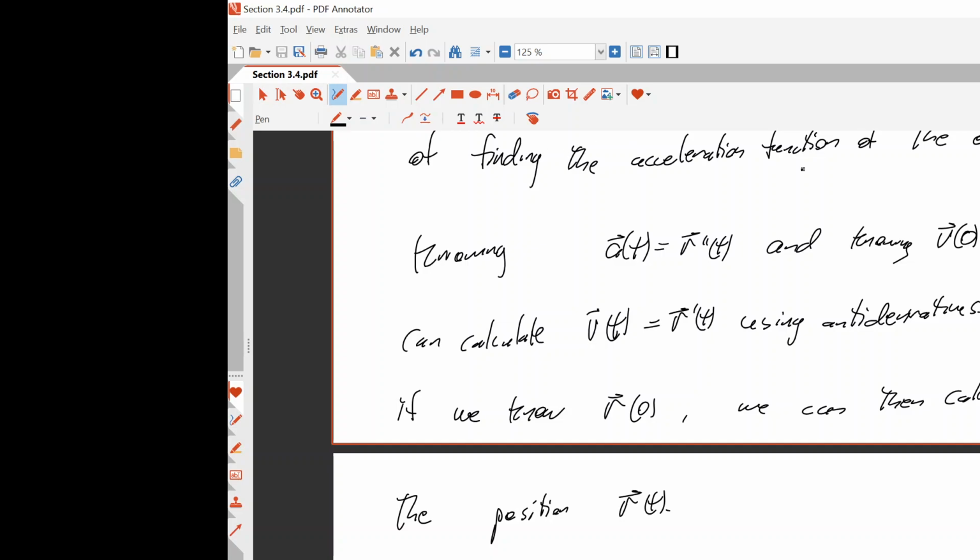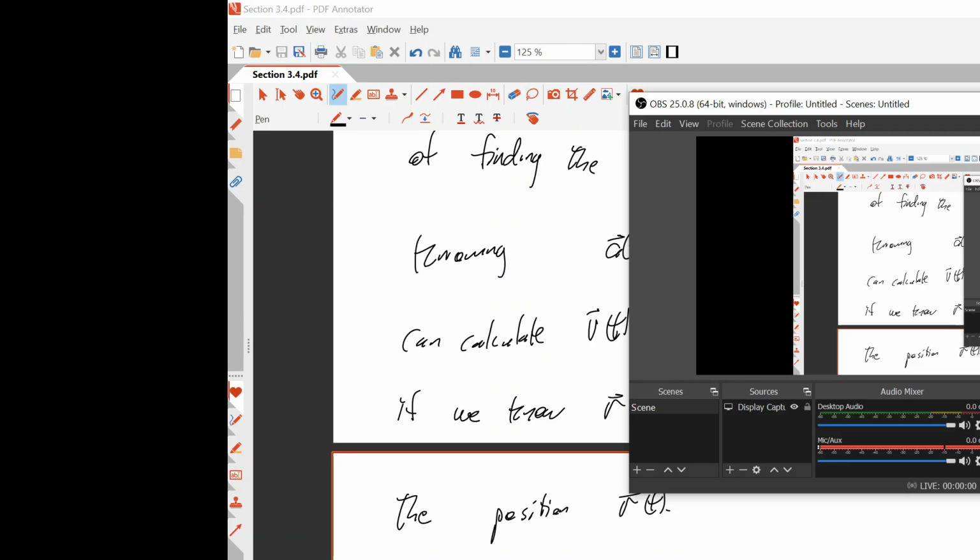And then knowing your initial position, 0 or something like that, you can calculate your position, r of t at time t. So that's theoretically a way one can keep track of position while traveling through space. Okay? And we covered doing antiderivatives in the last section. Okay, so that is the end of the lecture on section 3.4.